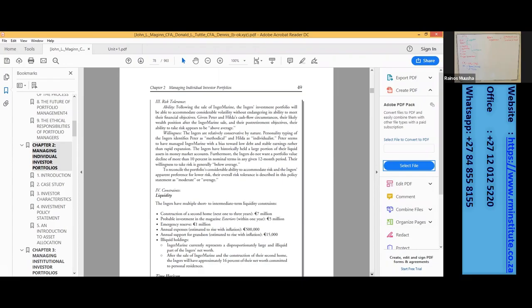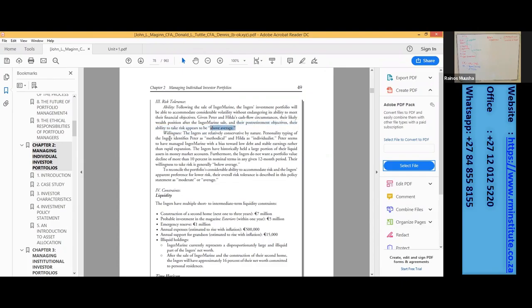Given Peter and Hilda's cash flow circumstances, their likely net worth position after the Inga Marine sale, and their post-retirement objectives, their ability to take risk appears to be above average. So first, we have to look at the ability to take risk in this case.